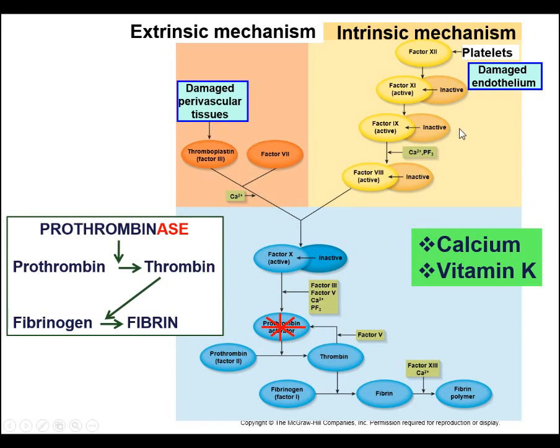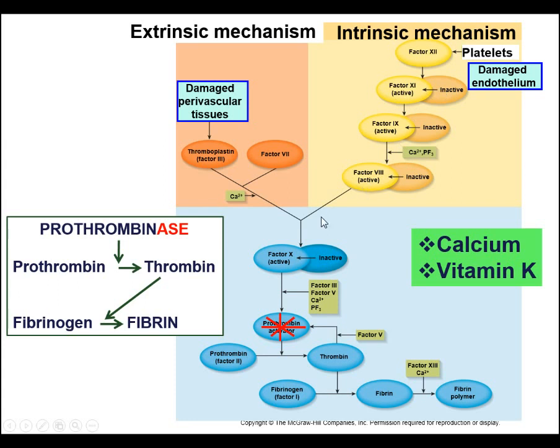Now, you notice that we have a number of what we call factors throughout this process. Factor 11, 7, 8, 6, 10, 1, okay, lots of factors, and we're not going to name them specifically. They are inactive until this process begins.